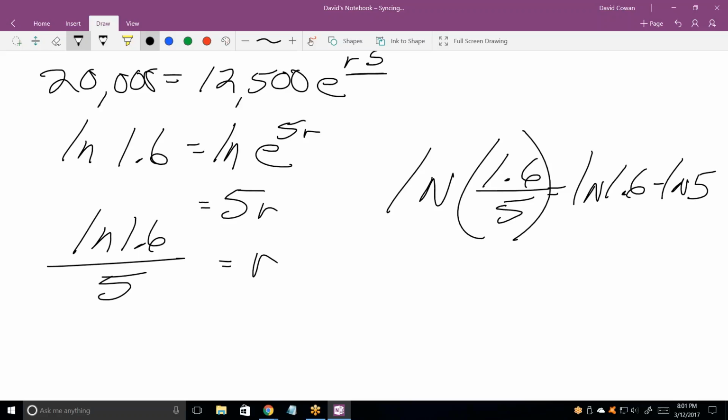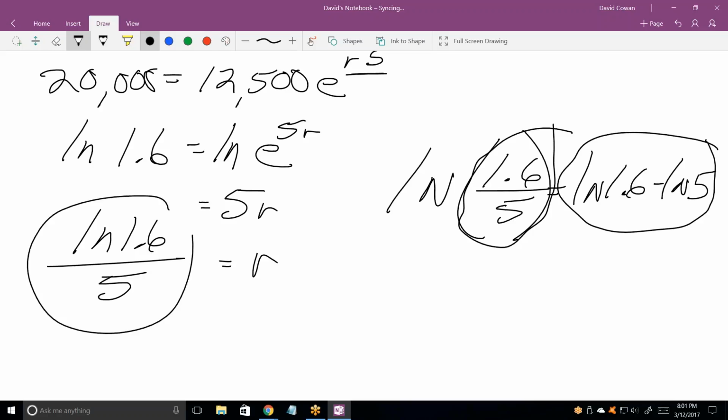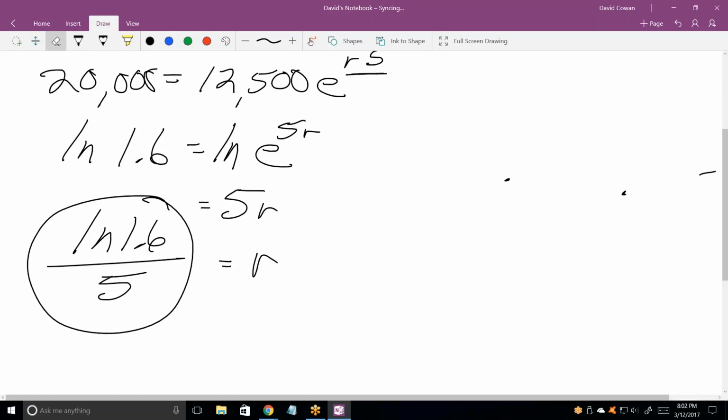In other words, I can use rule number 2 of logs. And this clearly is not going to be the same as this over here. So you would take the natural log of 1.6 in your calculator and then take that number and divide it by 5.